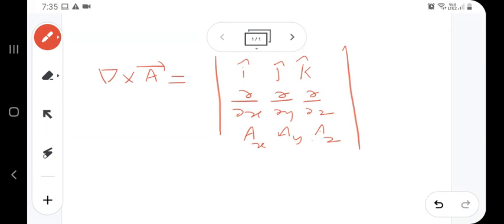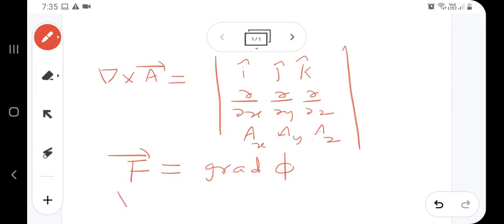If the curl of a vector field equals 0, that vector is said to be an irrotational vector. If the curl of a force vector equals 0, that force is said to be a conservative force. And one more point: any conservative force can be expressed as the gradient of a scalar potential function, grad phi.